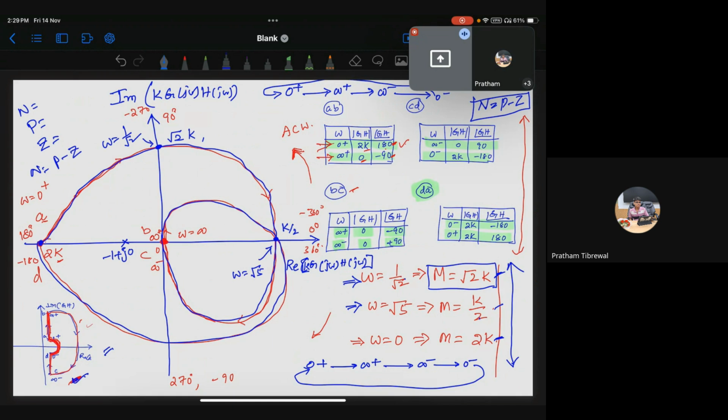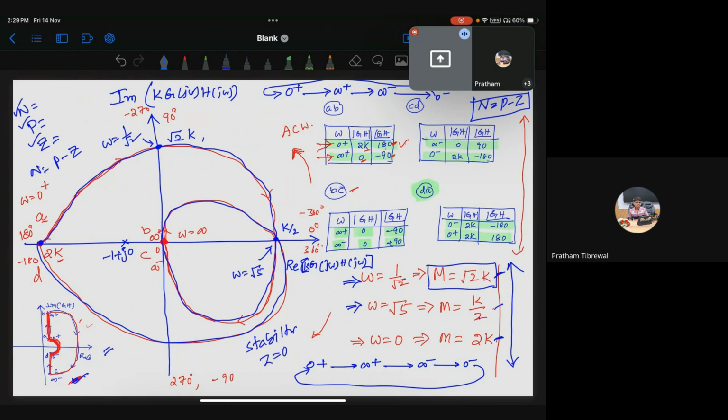Here N basically means the number of encirclements. P means the number of open loop poles on the right hand side. And Z is the number of closed loop poles on the right hand side. So for stability, what is our condition?